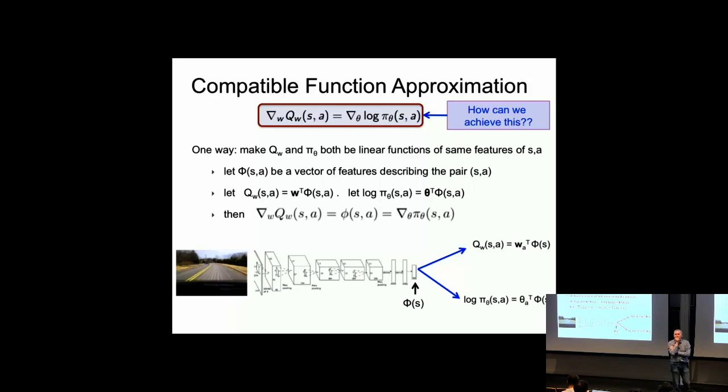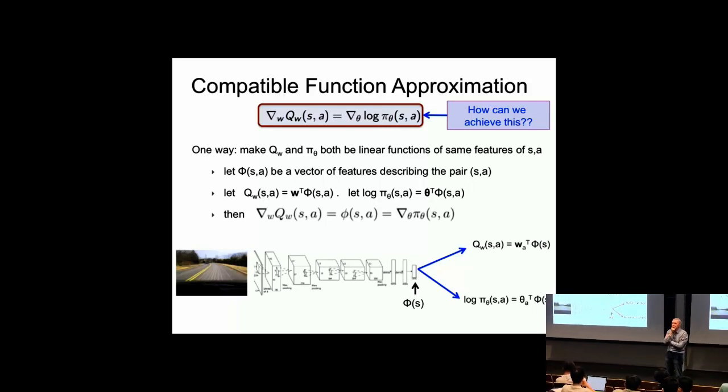In practice, how much of a limitation is it that you're only doing a linear transformation with W and theta? Is the deep neural net constructing the features able to make up for that? That's the right question, and the answer is roughly your mileage will vary depending on the problem.